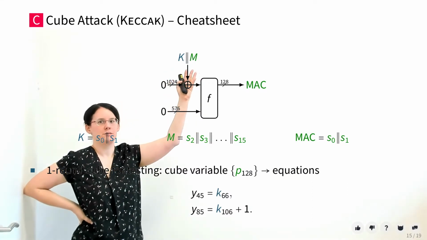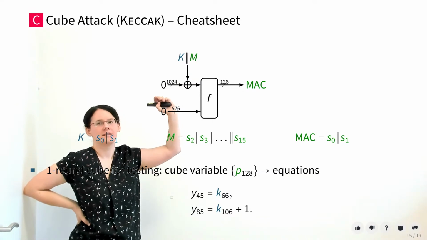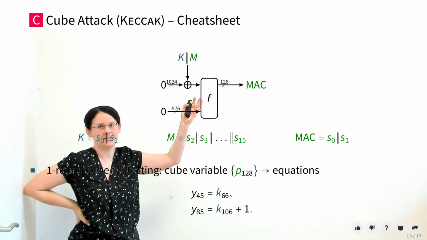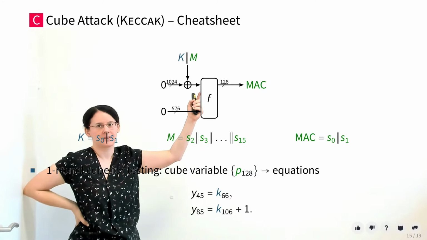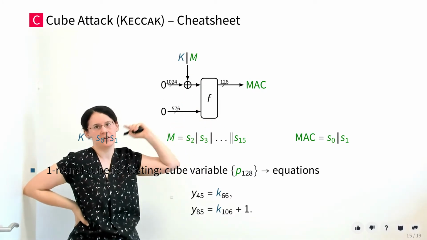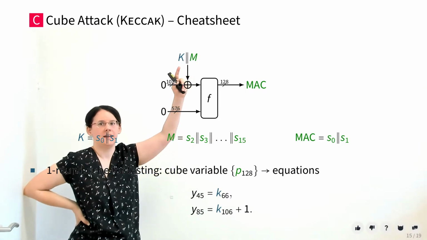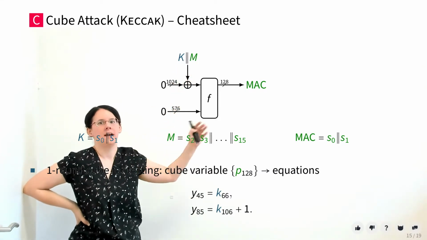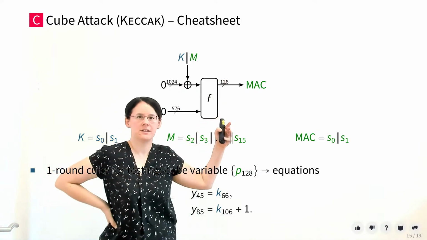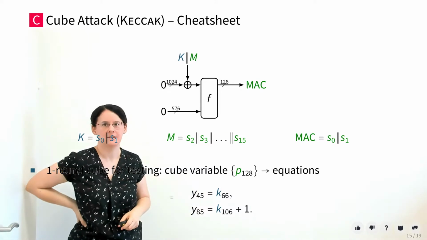And if your message is much shorter than 1 block size here, then what this MAC effectively does is it simply applies this 1600-bit permutation to an input which consists of some zeros and the key and the message. And of this 1600-bit output, you select the first 128 bits as the MAC.